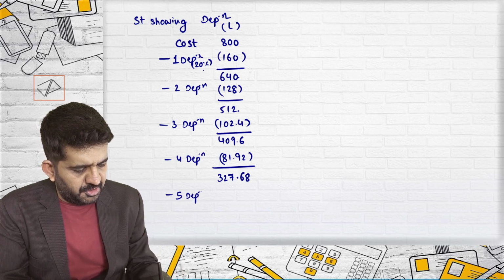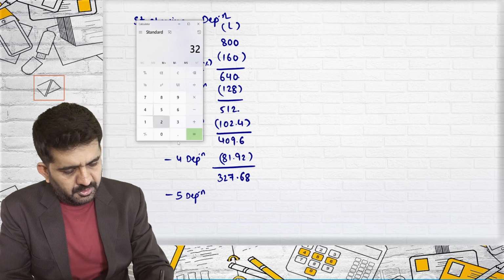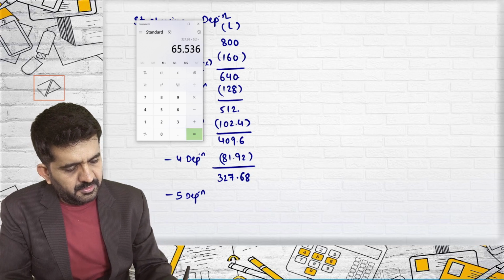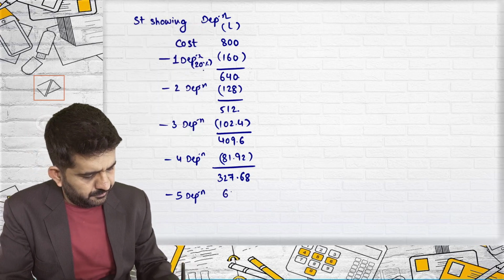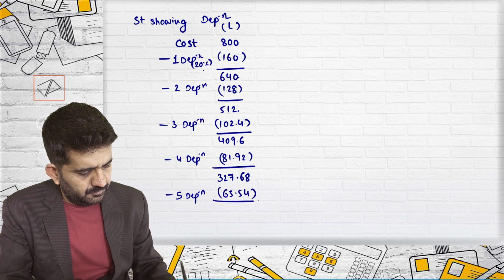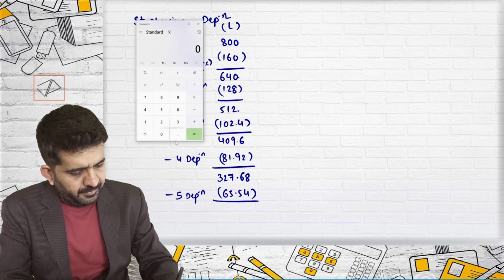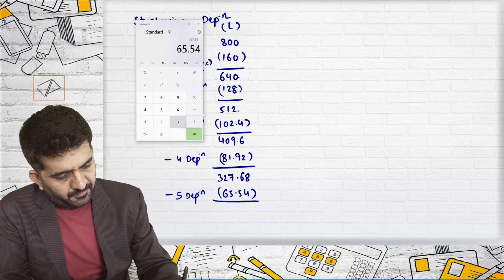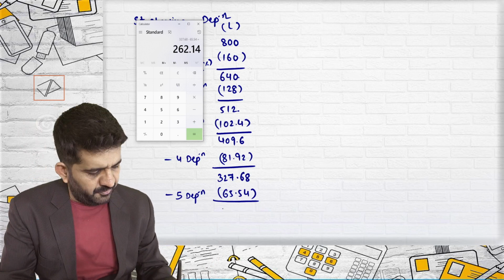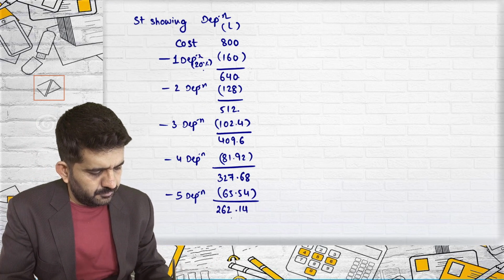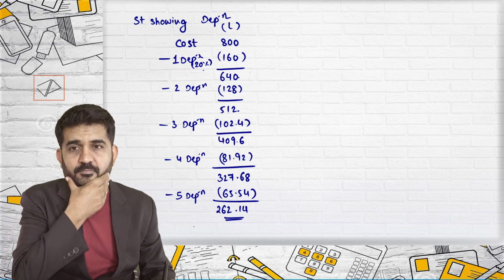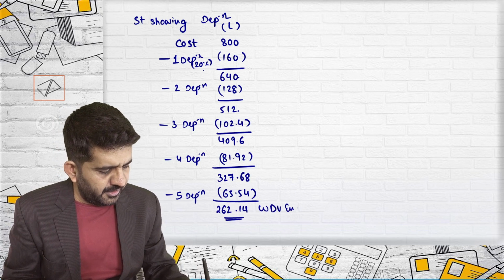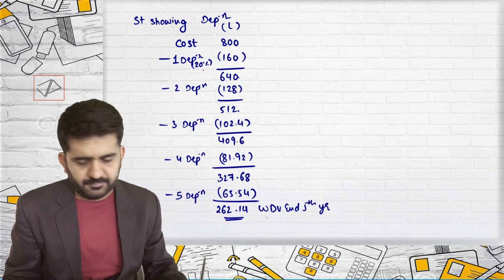Minus fifth year depreciation: 327.68 multiplied by 20% is 65.54. 327.68 minus 65.54 is 262.14. This is WDV at the end of the 5th year.